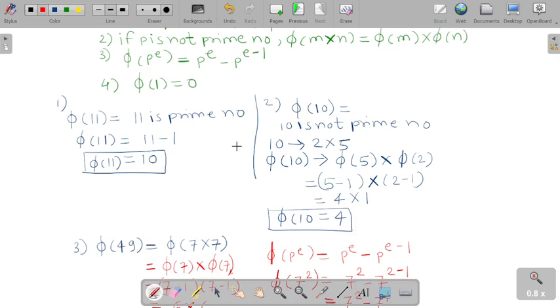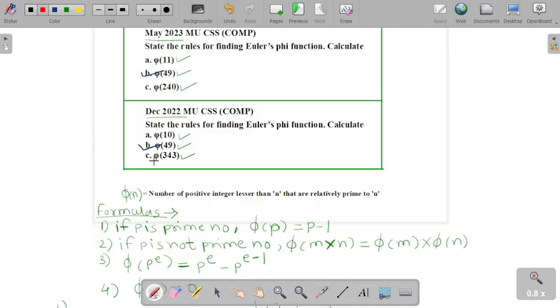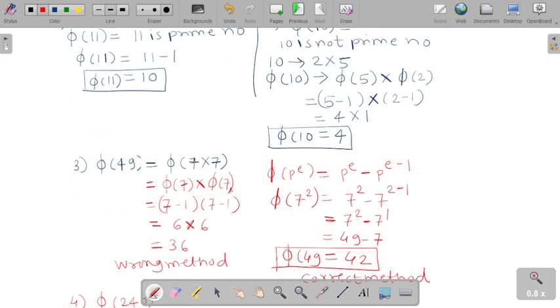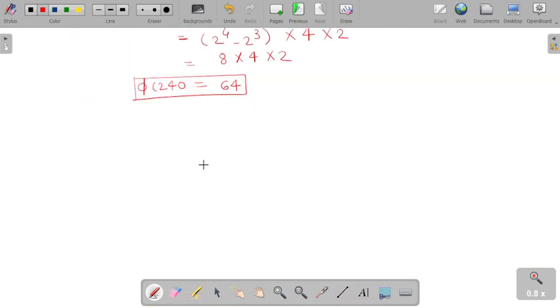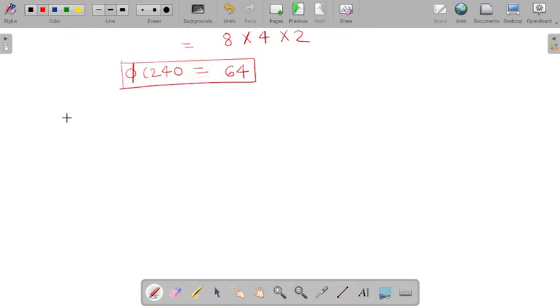Now our next question is phi of 343. So for phi of 343, you can write 343 divided by 7, then 49 divided by 7, you get 7 and again 7.